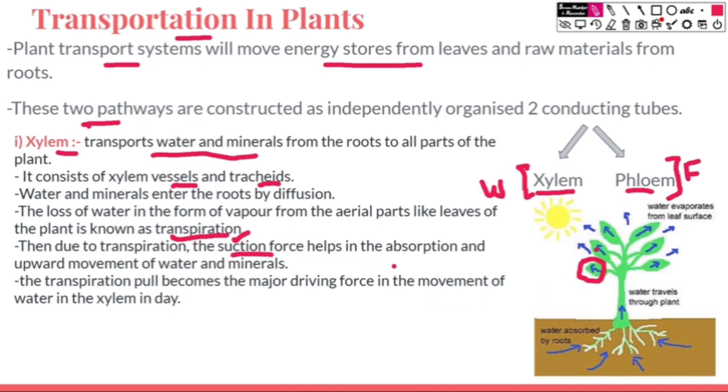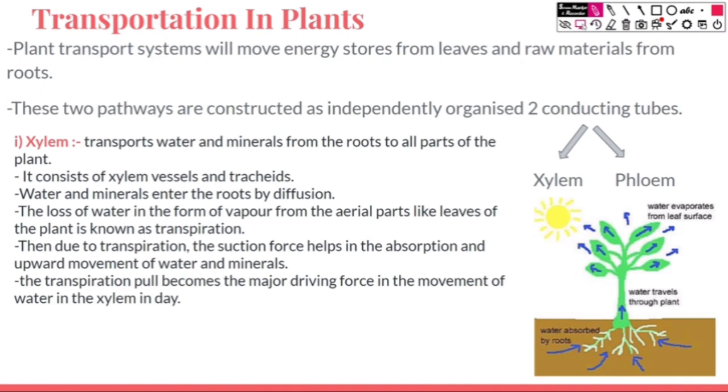This suction force helps the plant to absorb water from the roots, and the water moves towards the leaf to remove that suction caused by transpiration. The transpiration pull becomes the major driving force in the movement of water in xylem during the day.